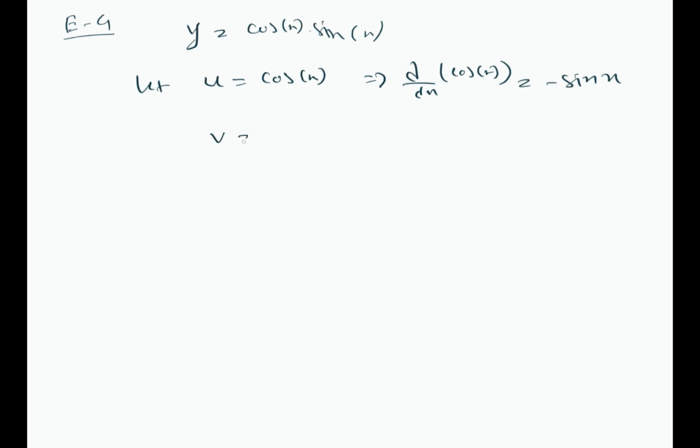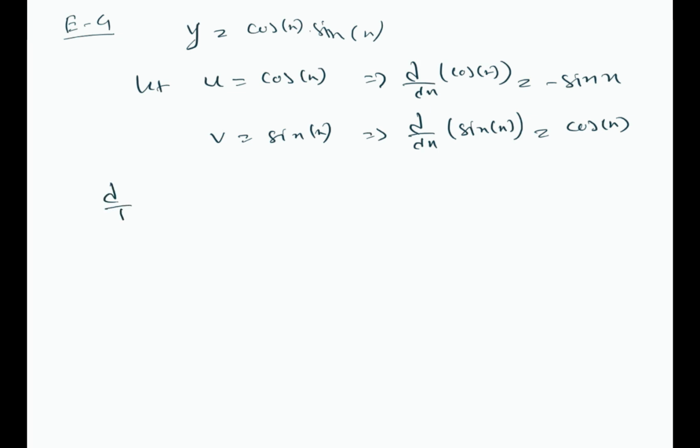Okay, and our b is equal to sine of x, and derivative of sine of x is equal to cos of x. Okay, so now we can differentiate this function according to the product rule.